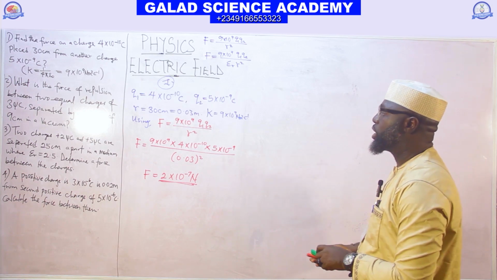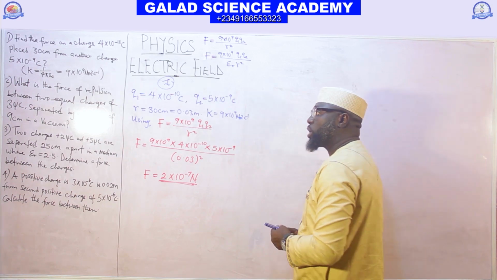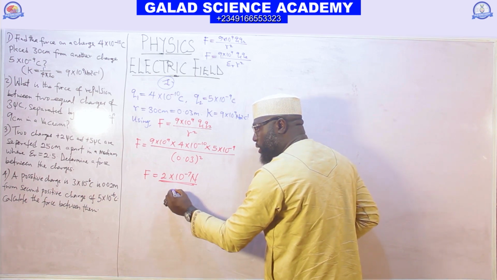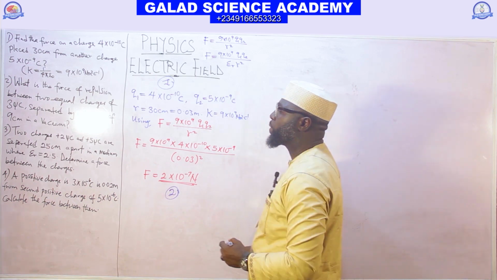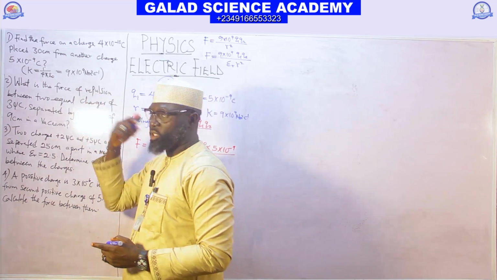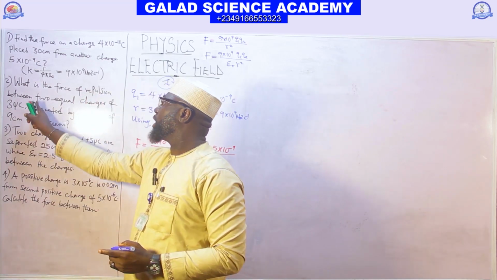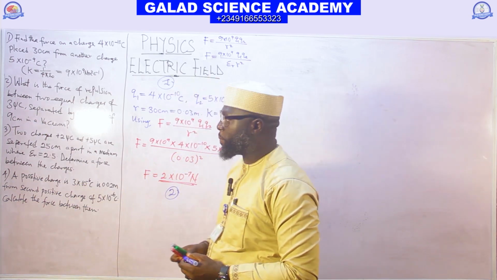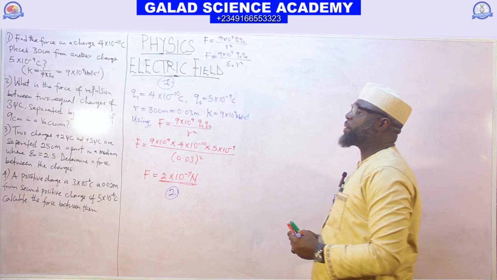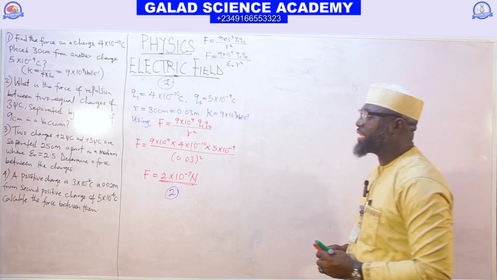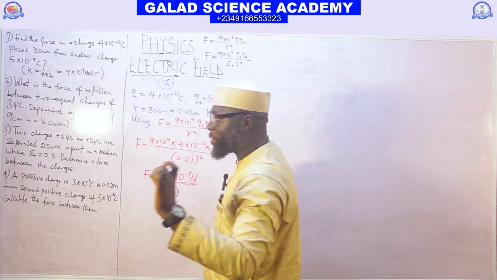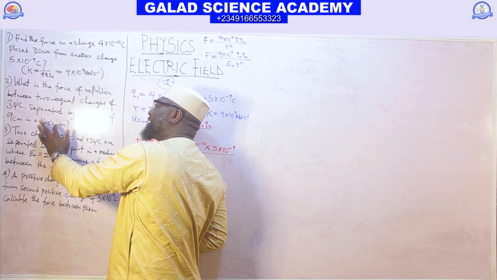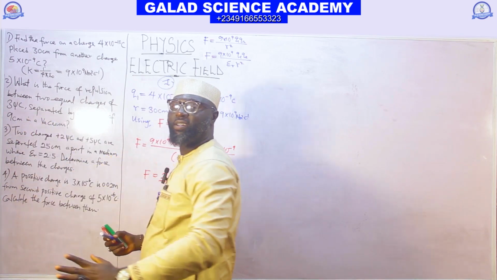The next thing is, let's go to question 2. In question number 2, we are given: what is the force of repulsion between 2 equal charges of 3 microcoulomb separated by a distance of 9 centimeters in a vacuum. Here they tell you that the charge is in a vacuum.